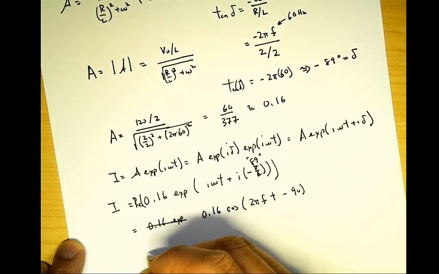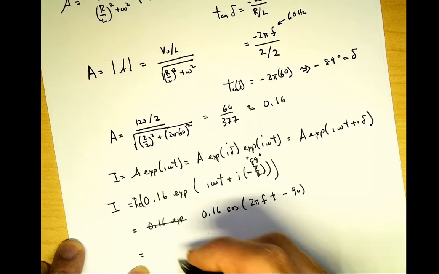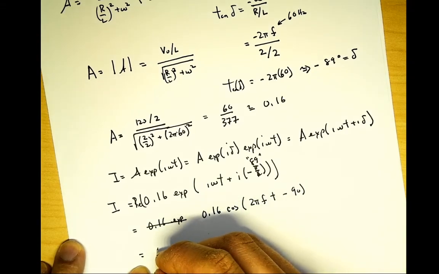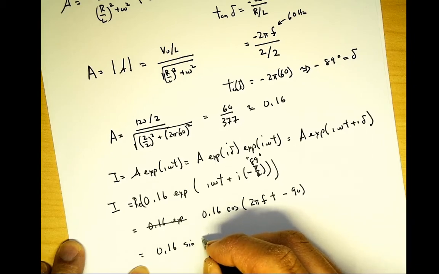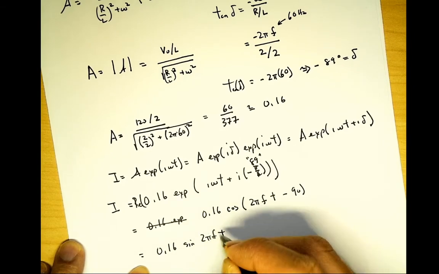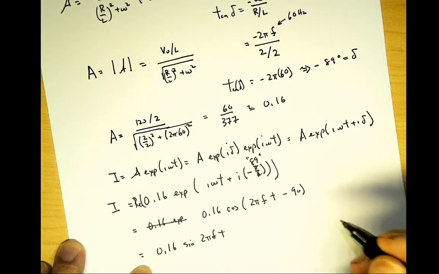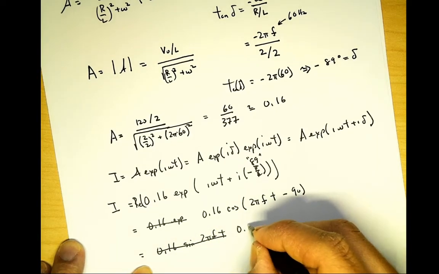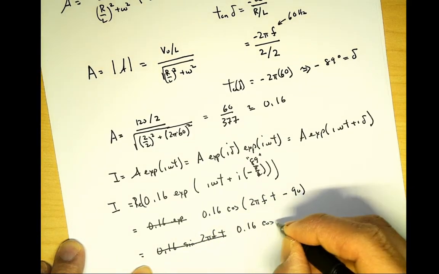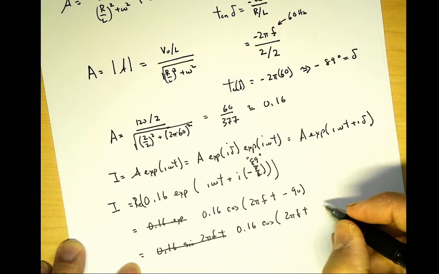So roughly speaking, this is going to be equal to something like 0.16 sine of 2 pi f t. It's not quite sine, because it's not quite 90. It's actually 89 degrees. So if we really want to do it correctly, it's going to look something like this: 0.16 cosine 2 pi f times t.